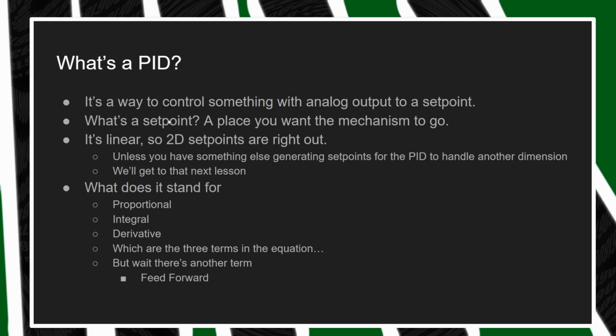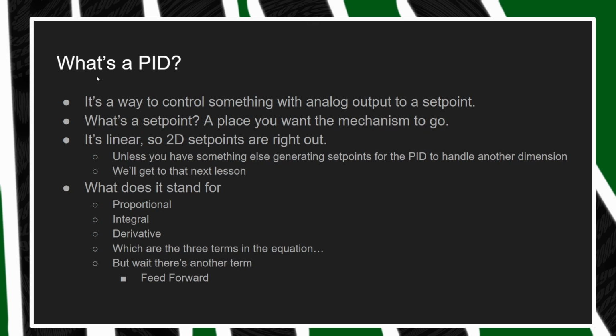Whether it's set the flywheel to 3,000 RPM, 3,000 RPM is the set point. Set your lift to go up to 100 inches, 100 inches is the set point. It's where we want it to go.